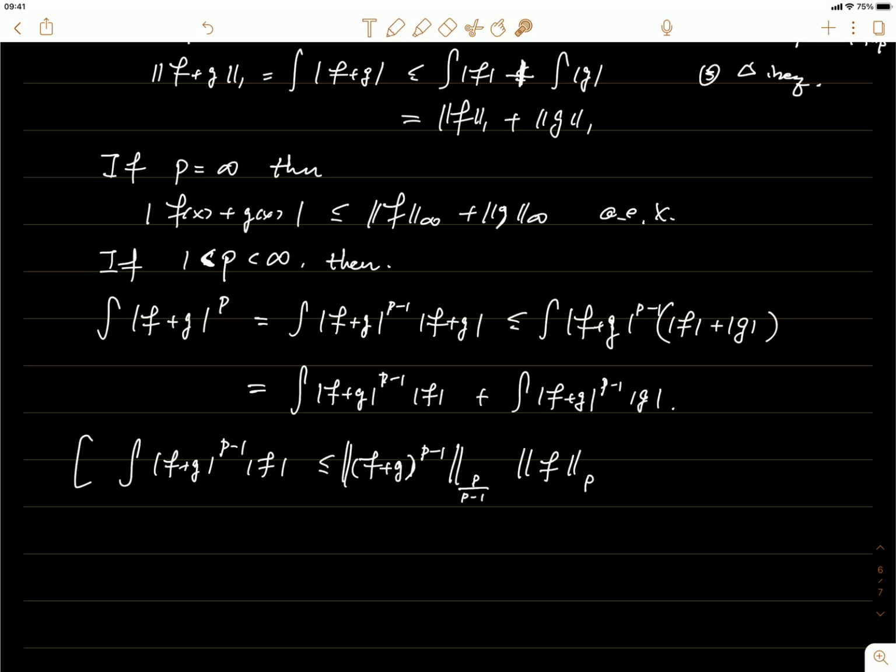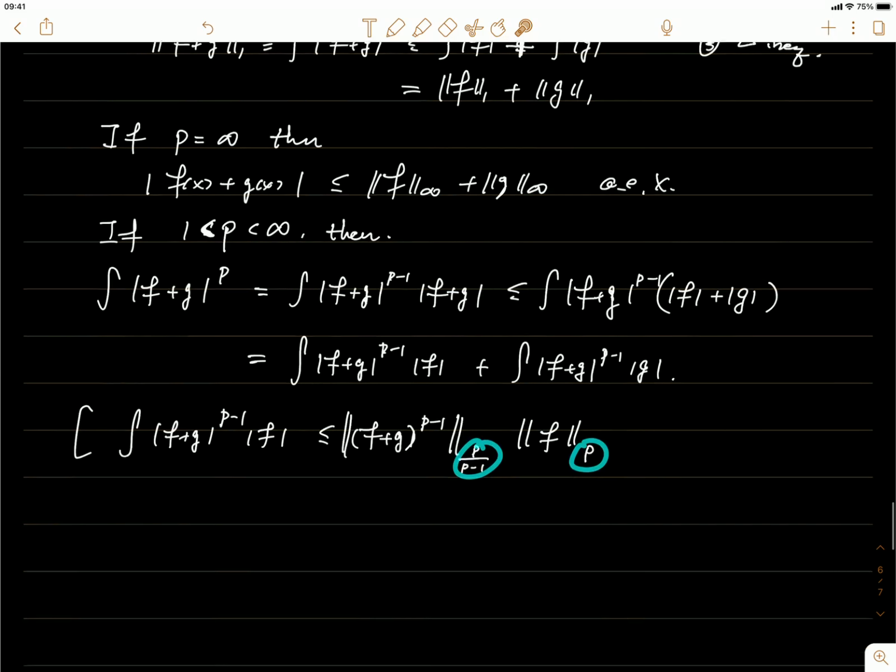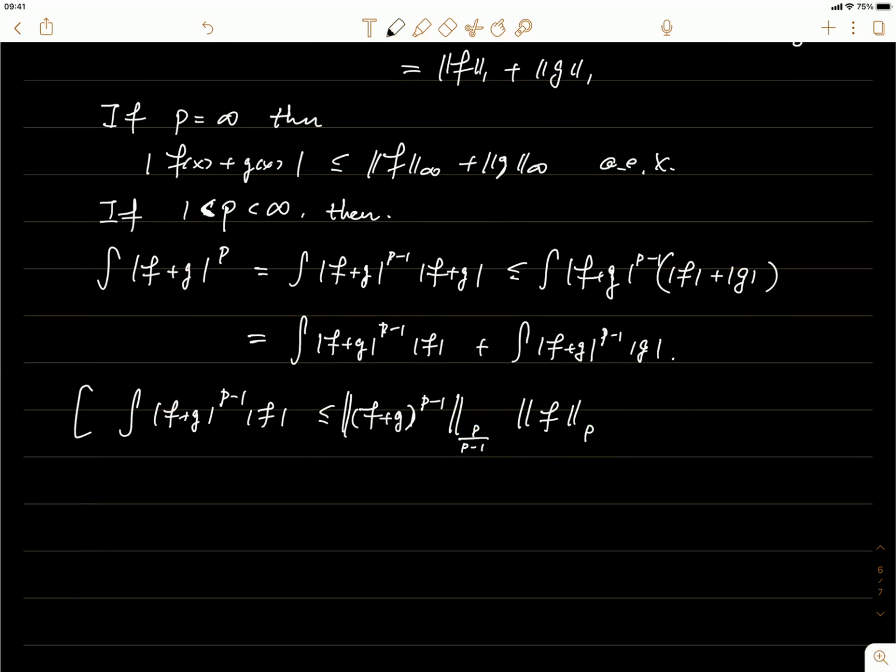So this is like the q, and this is like the p now. What this first one is, we can just compute: |f plus g| to the p minus 1, with the power p over p minus 1. So this times p minus 1, and then outside I have this p minus 1 over p. And I have this p-norm of f here.